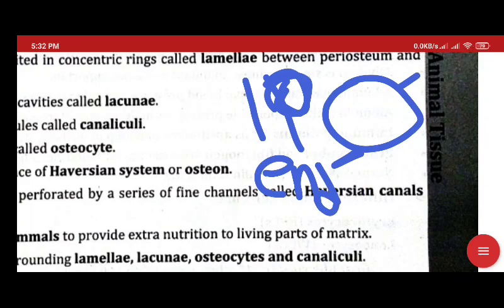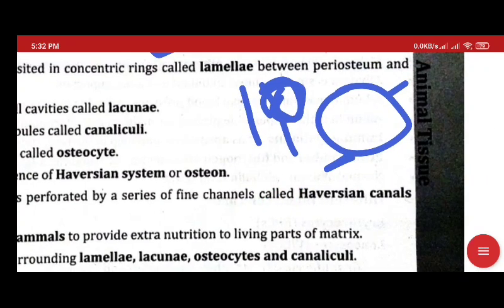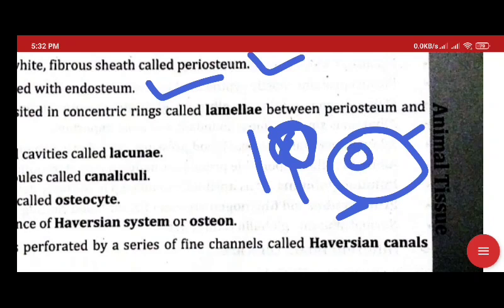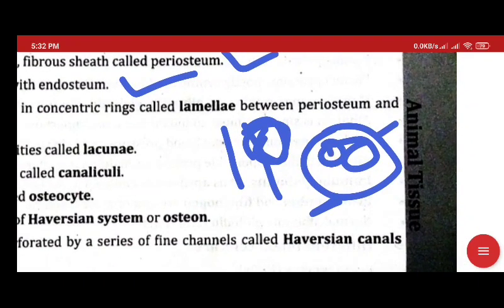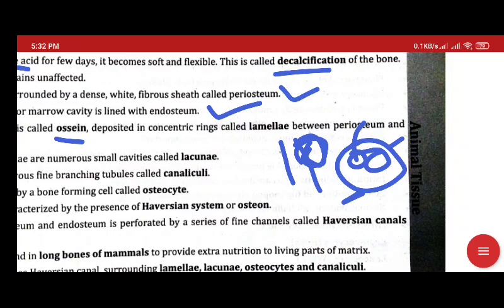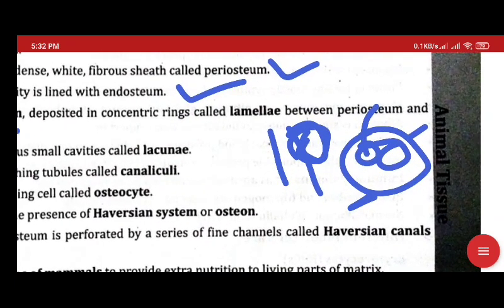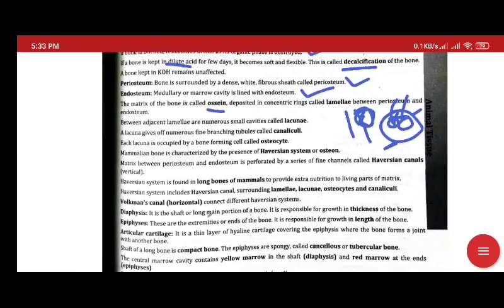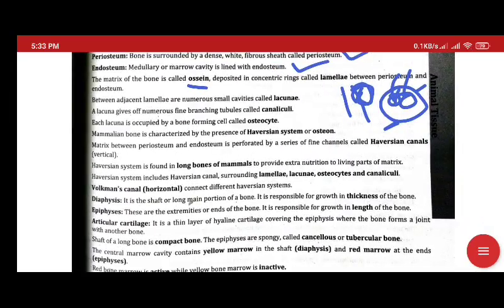Between this outer and inner cover there is the matrix and cells with linking joints. This cell is the osteocyte, and here we have the canal, the Haversian canal, and these canaliculi are also the same type of lamella.